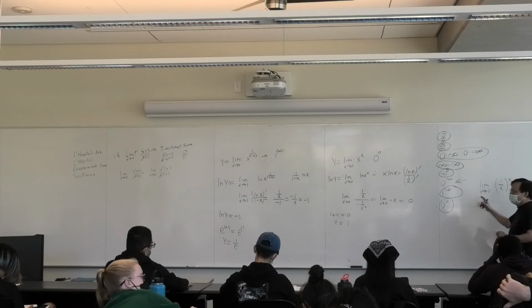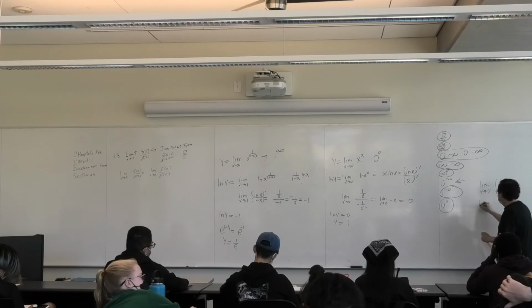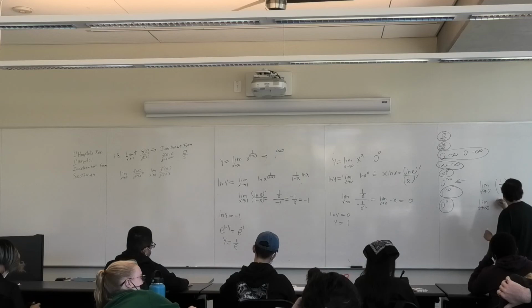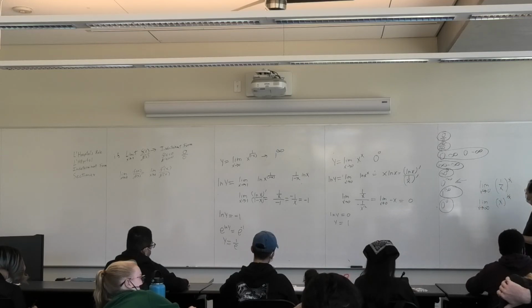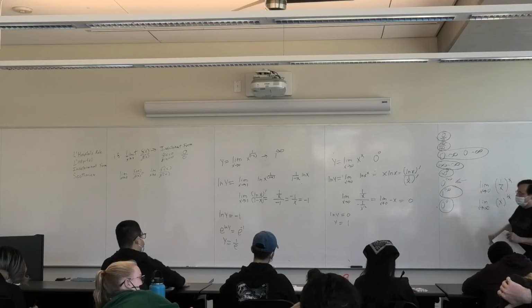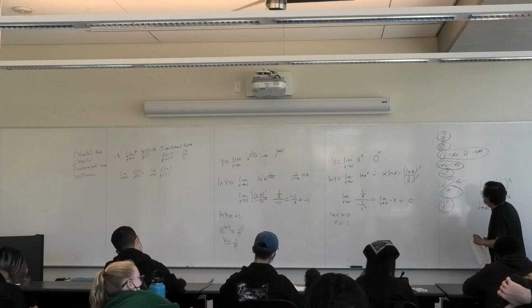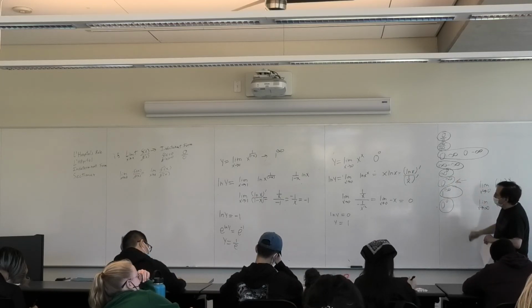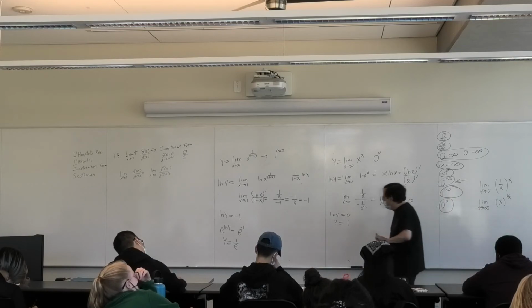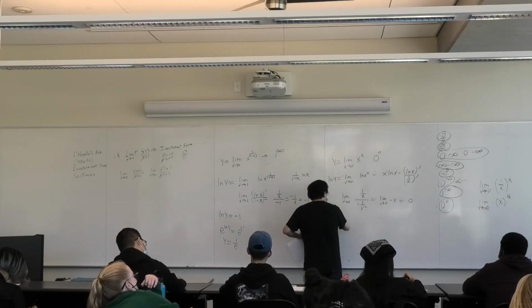Well, if you just rewrite it as x goes to infinity, x to 1 over x, it's the same problem, it just comes out in a different form, but it's not that different. So I don't want to do that one.